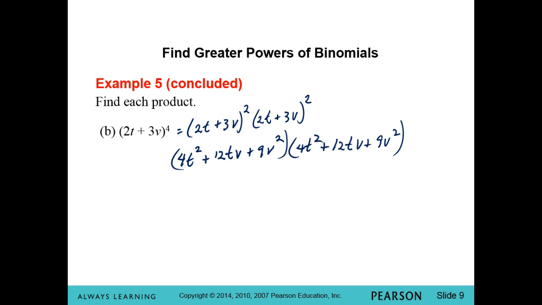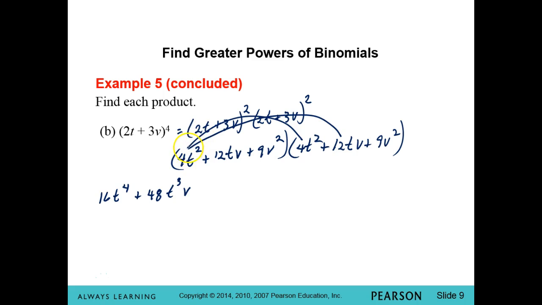Okay. So now we've got 3 terms to go across 3 times. So let's do the first one first. That would be 16t fourth. Perfect. And then do these. And what does that give you? 48t cubed v. Very good. Did everybody see that?